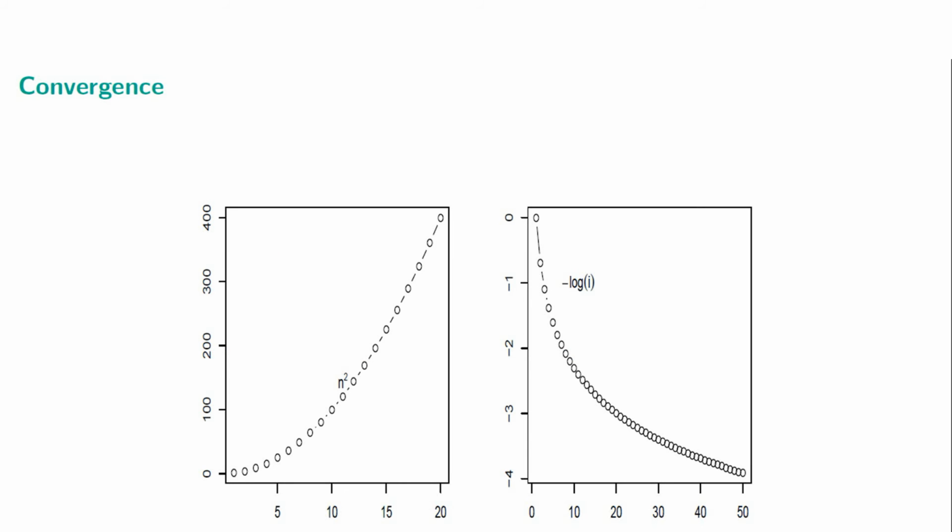First, consider the behavior of the sequence n square. We find that as we increase n, the n square becomes larger and larger, and we get an increasing function. However, for minus log n, we observe that this is a decreasing function and decreases to a very large quantity in magnitude as we increase n.